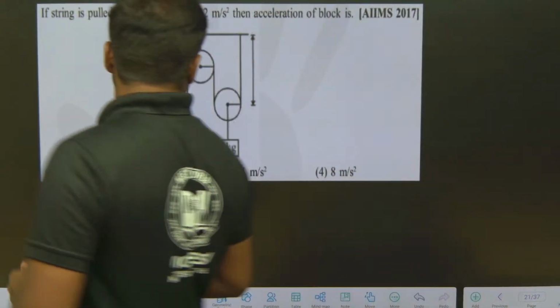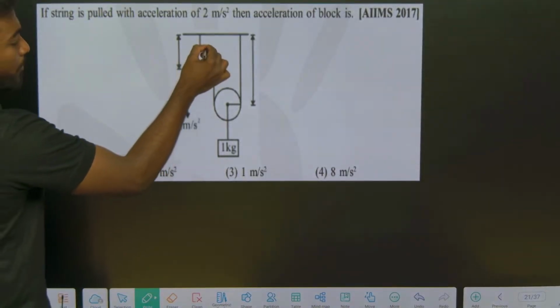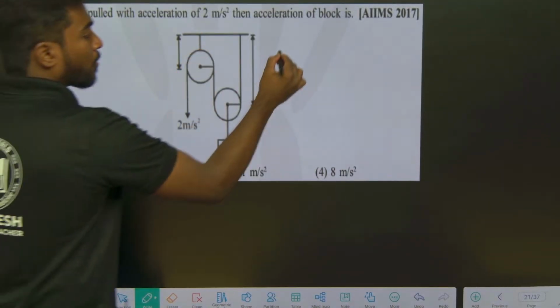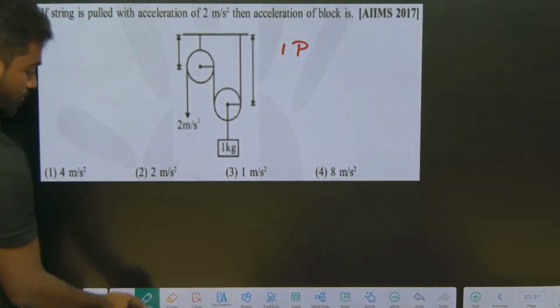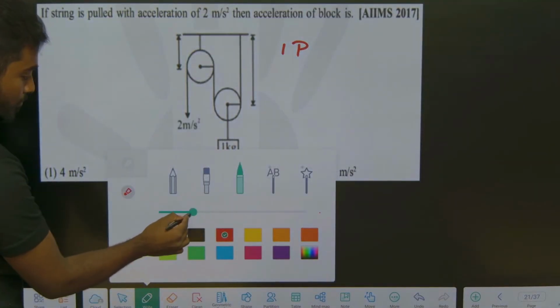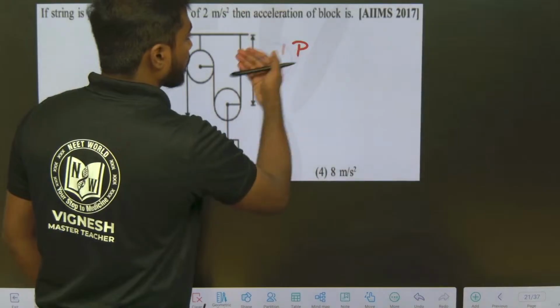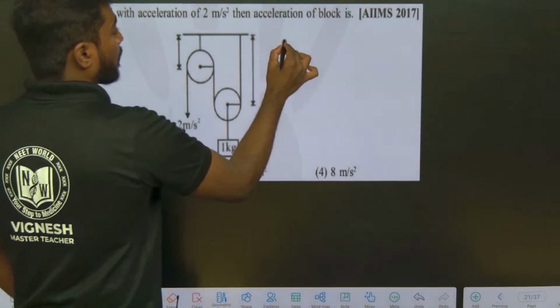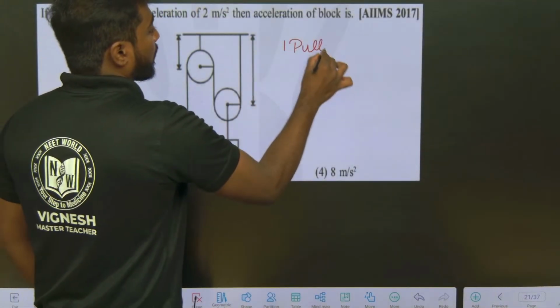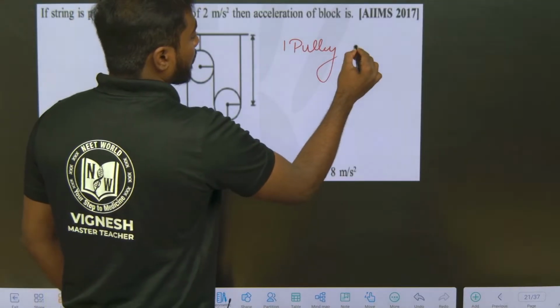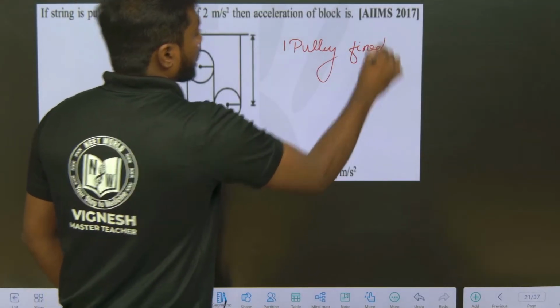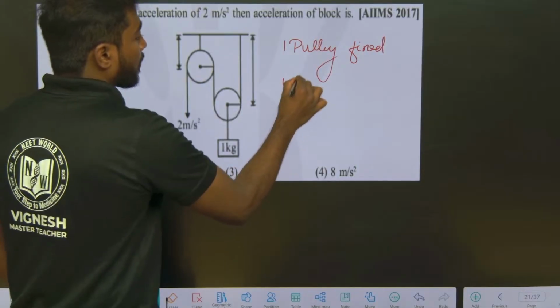Now, if I notice here, one pulley is fixed. One is movable.